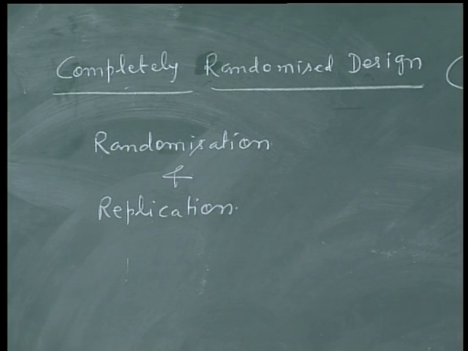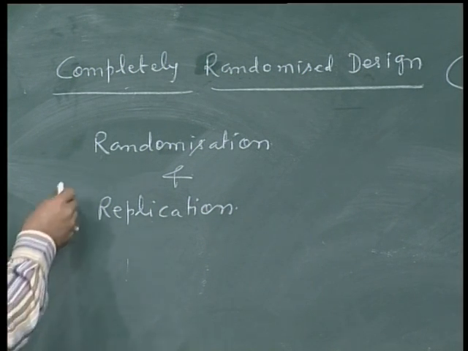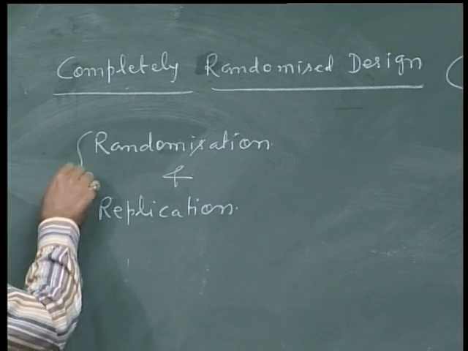In design of experiments, there are three basic principles: randomization, replication, and local control. CRD is based on randomization and replication only.